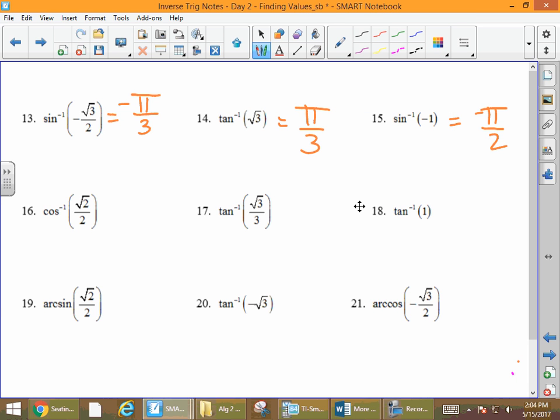So the inverse cosine of radical 2 over 2? Pi over 4. And the inverse tangent of radical 3 over 3, pi over 6. Radical 3 over 3 was the answer. Early on in our trig unit, we had to say, well, tangent of pi over 6 equals what?